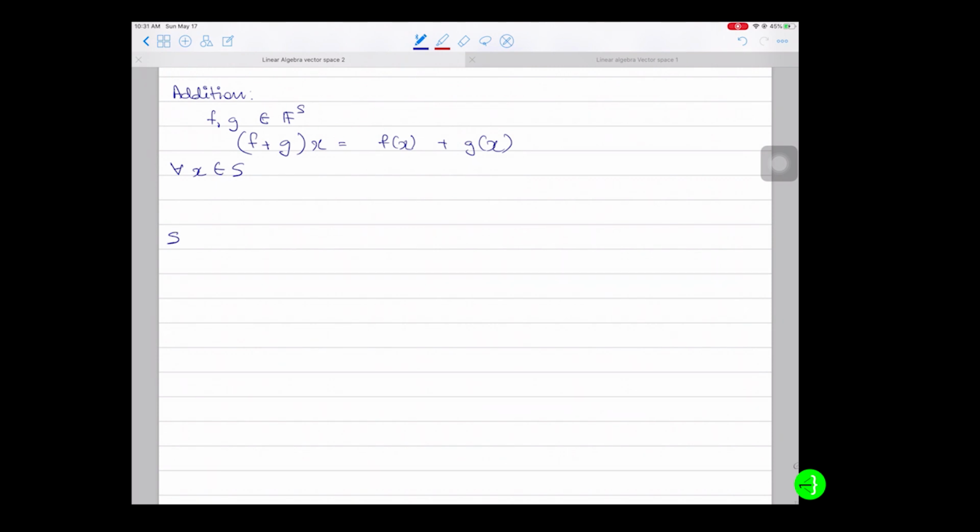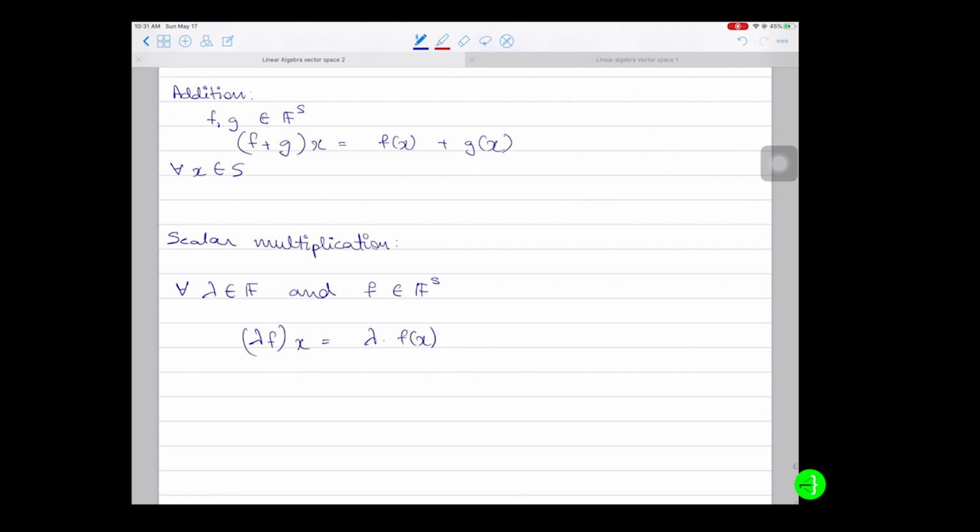And then we talk about scalar multiplication as well. So here for all lambda belonging to F and f as an element of F to the S, the product (lambda f) of x is defined as lambda times f of x.